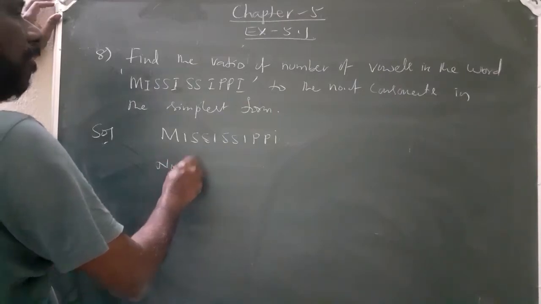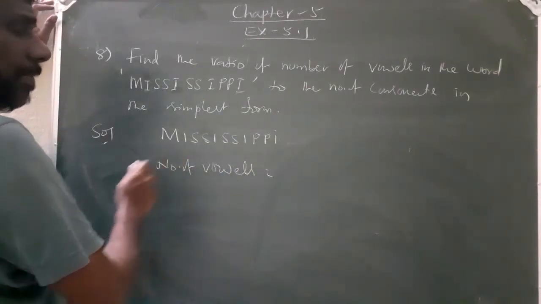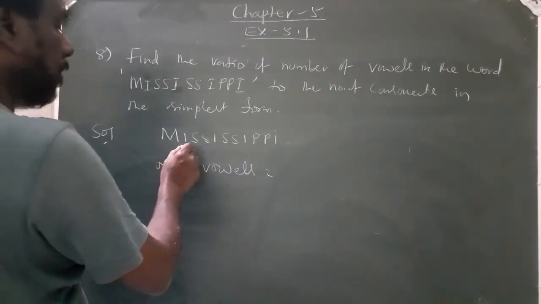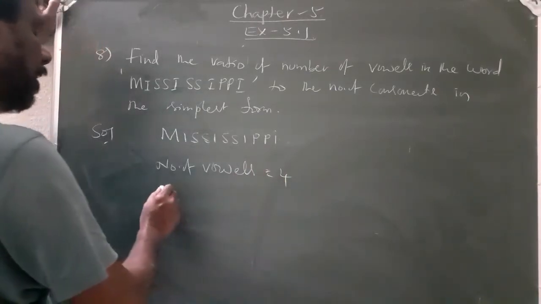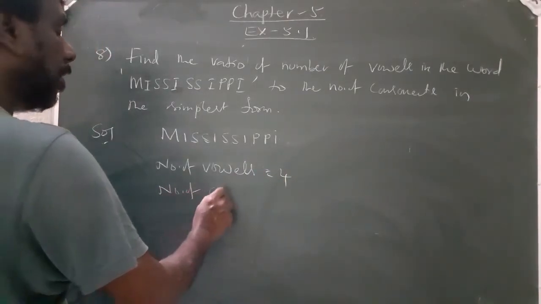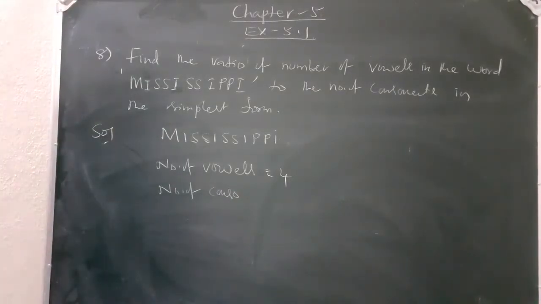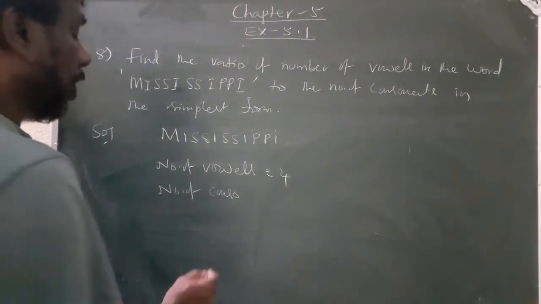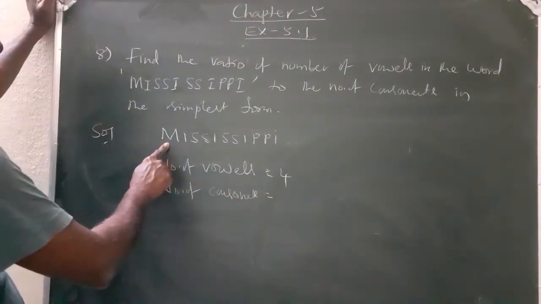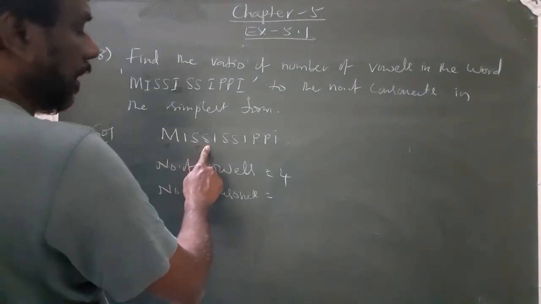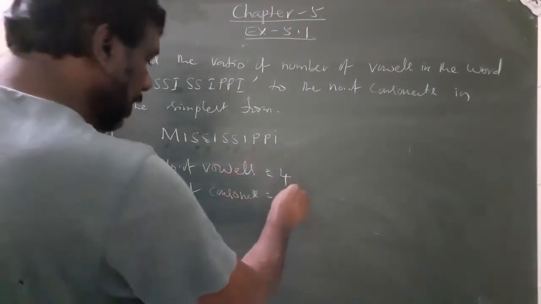So number of vowels, how many vowels are there here? Vowels means A, E, I, O, U. 1, 2, 3, 4. 4 vowels are there. Number of consonants: 1, 2, 3, 4, 5, 6, 7.